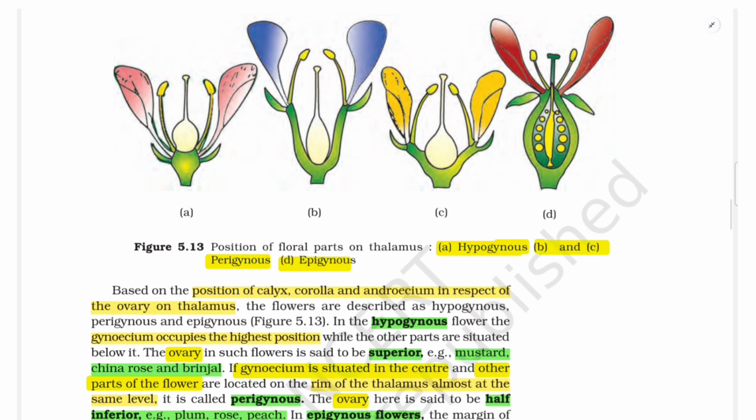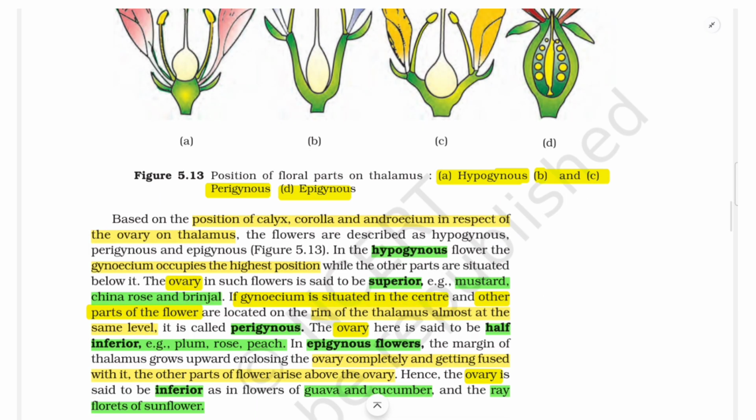Based on the position of calyx, corolla, and androecium in respect of the ovary on the thalamus, the flowers are described as hypogynous, perigynous, and epigynous, figure 5.13. In the hypogynous flower, the gynoecium occupies the highest position while the other parts are situated below it. The ovary in such flower is said to be superior, example: mustard, china rose, and brinjal.